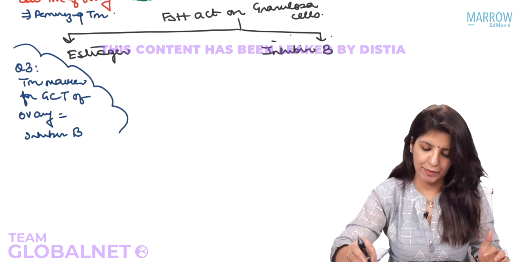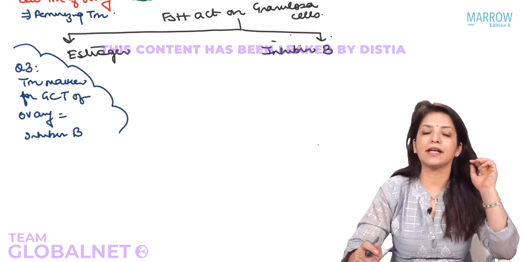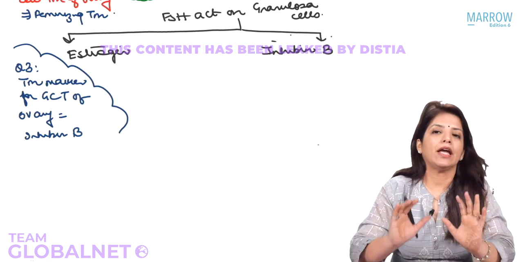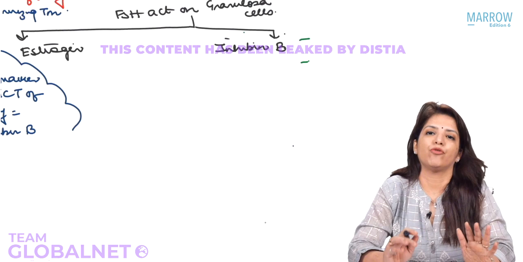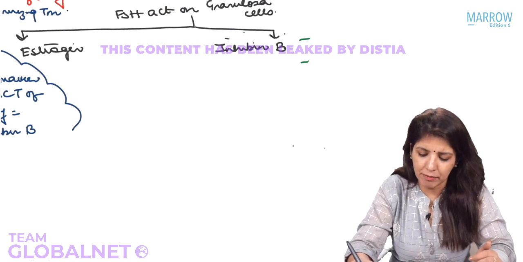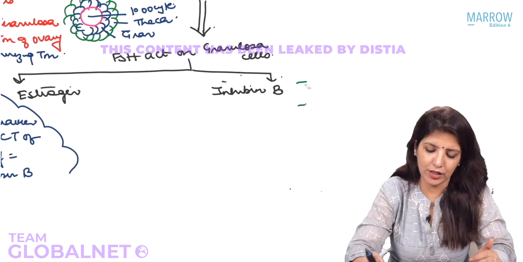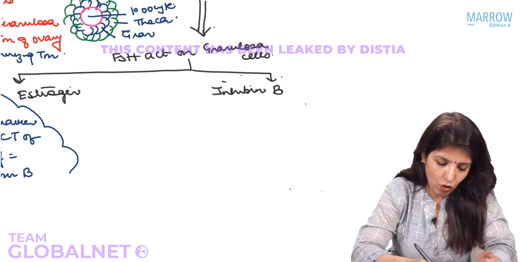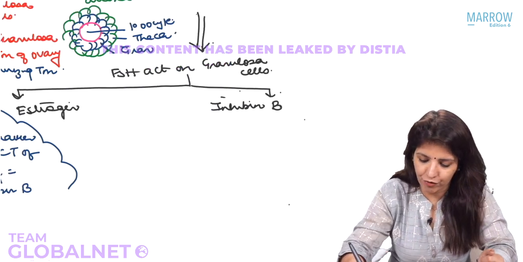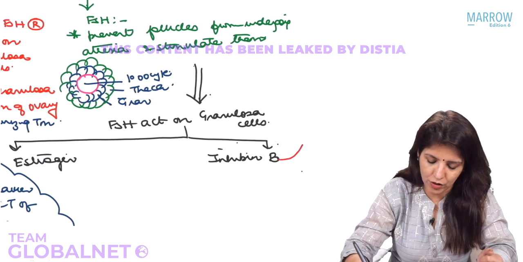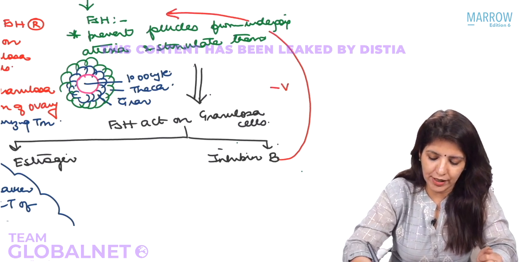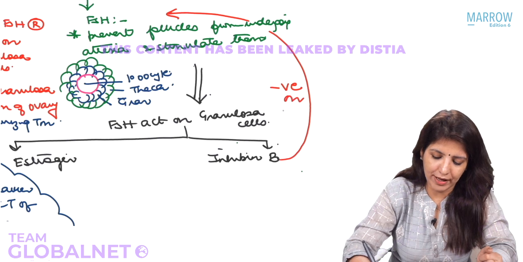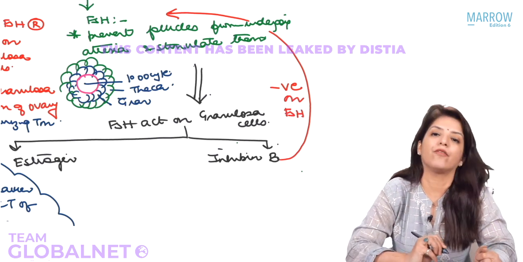Now, once this inhibin B is released, whether in a male or in a female, every time this inhibin has only one function. And what is that one function? Inhibin always has a negative feedback on FSH. It will go to the FSH and decrease it.